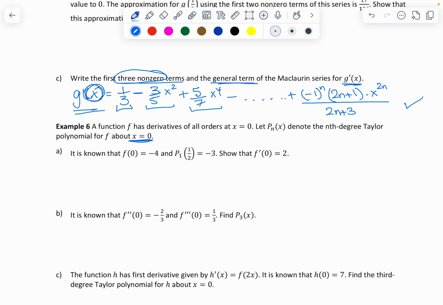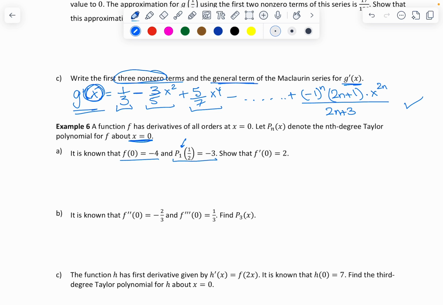It is known that f of 0 is -4 and that P1 of 1/2, which basically means the first degree Taylor polynomial once you plug in 1/2, is equal to -3. Show that f prime of 0 is 2.